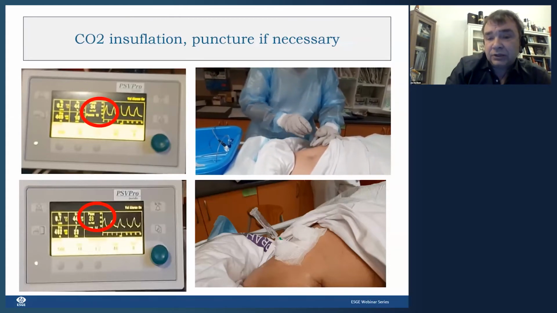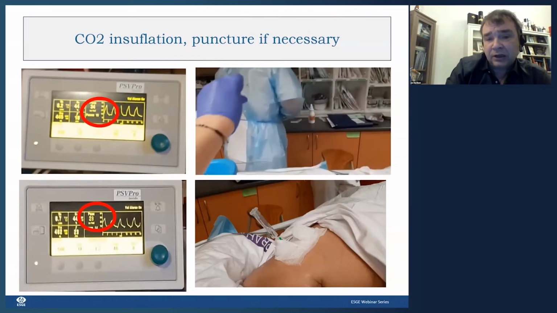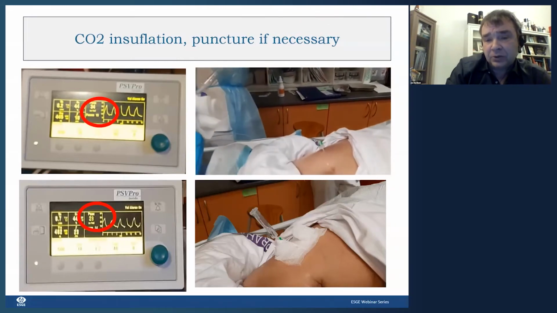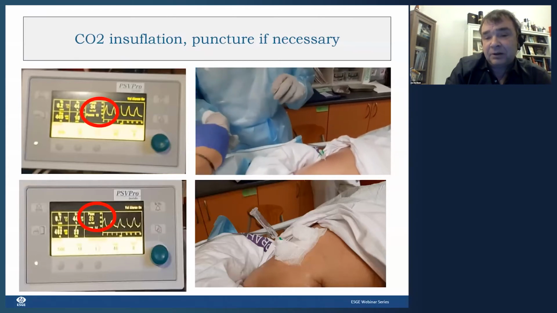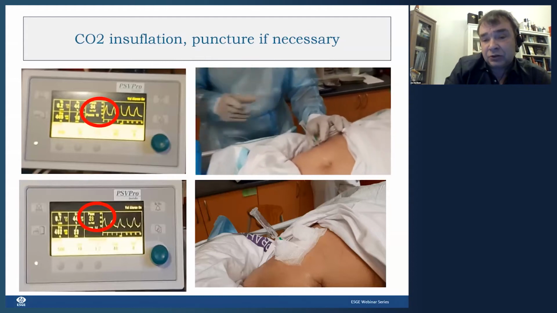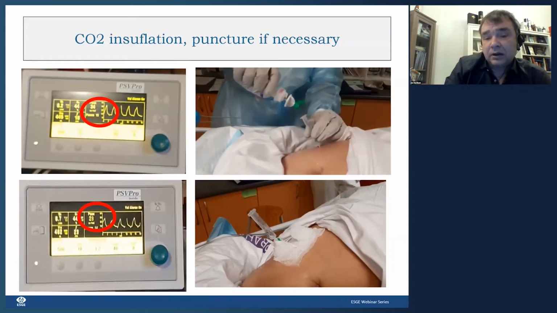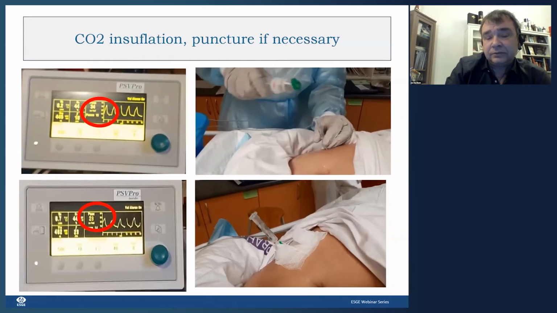We use this in about 40% of our patients, and we never had any complication by doing this. In very sick people, we use a Veress needle to be really safe. In standard patients, we use this venous cannula, as you see here.